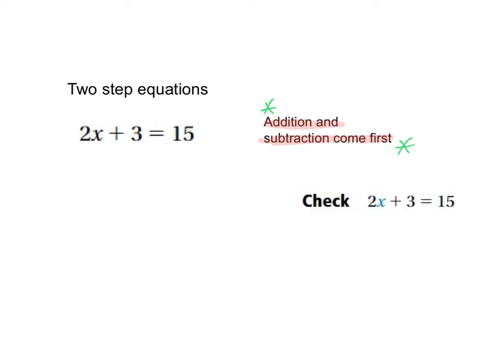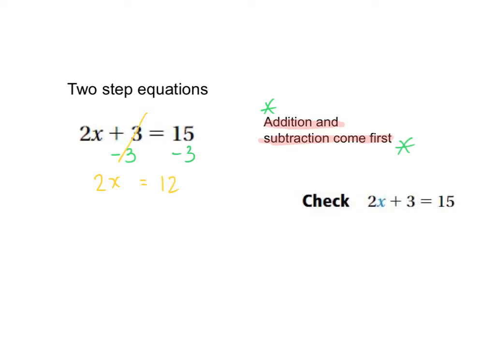So if addition and subtraction come first, let's go ahead and subtract 3. Again, guys, what we want to do is isolate this variable x. So we're going to do everything we can to get rid of the numbers around x. So we're going to subtract 3 first from both sides. What we're left with is going to be 2x. These cancel. Equals 15 minus 3 gives us 12.